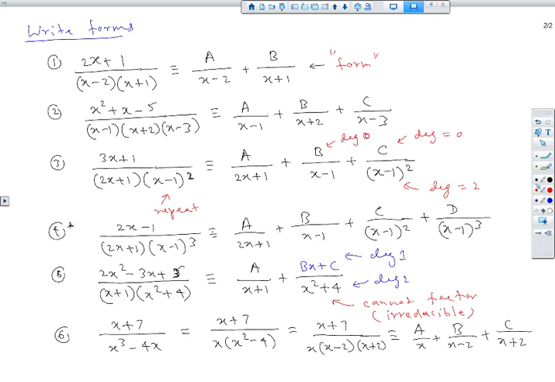Exercise: write the form. Let's say the first one is x plus 5 over x minus 1 times x plus 1.